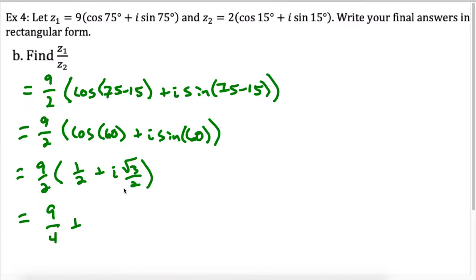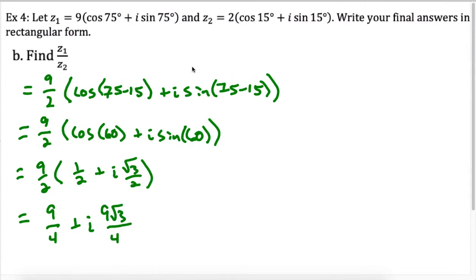And then 9 over 2 times i times the square root of 3 over 2 would be, I'll put the i out front, i times 9 radical 3 over 4. So this would be that final answer, and that would be this complex number divided by this complex number.